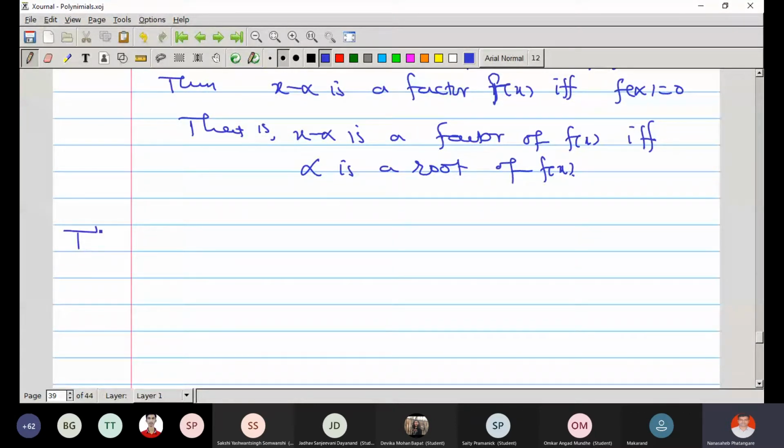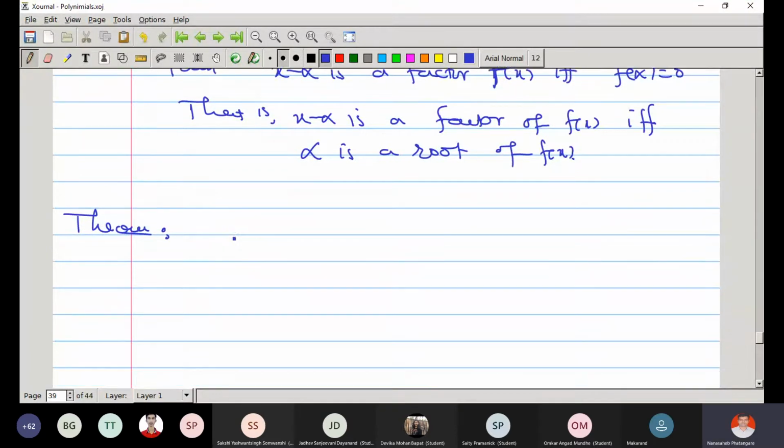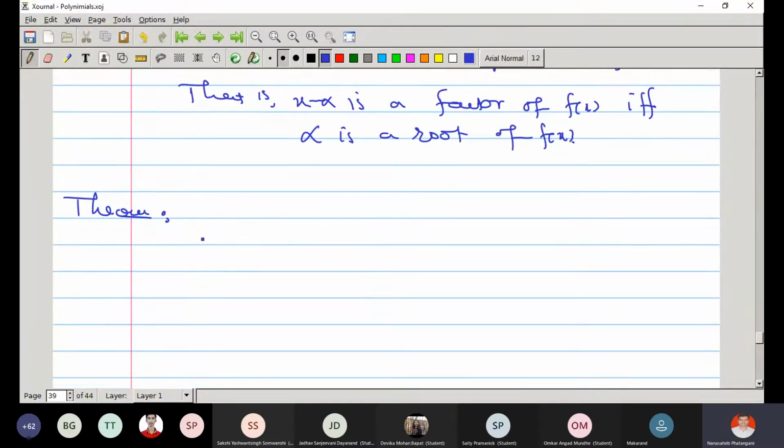So now we want to understand how many roots a polynomial of degree n can have, right? And we want to see that in general every polynomial of degree n has at most n roots. Suppose f of x is a polynomial in R[x].